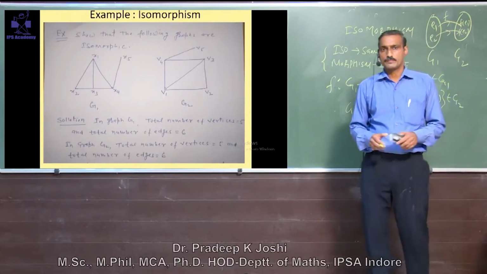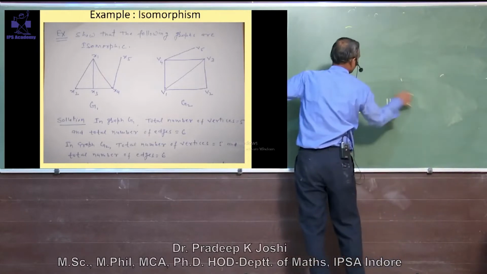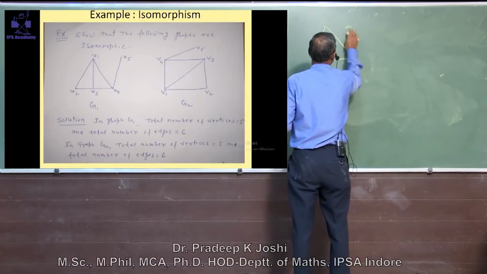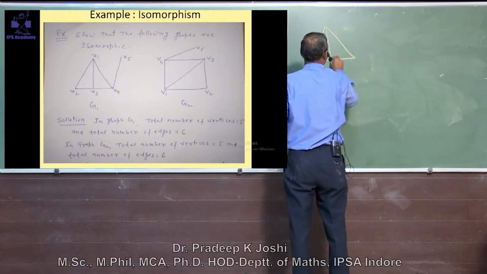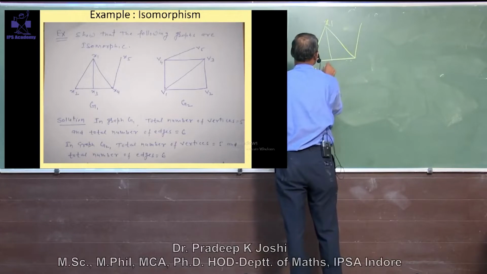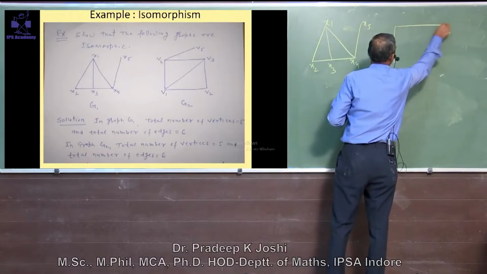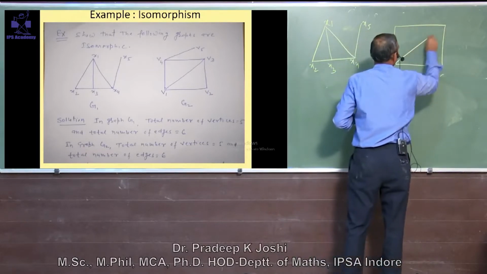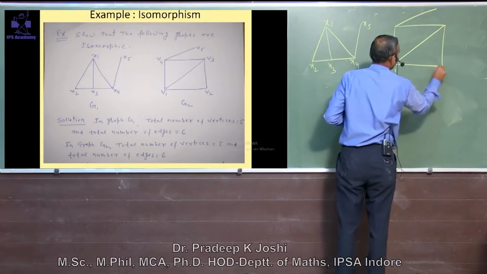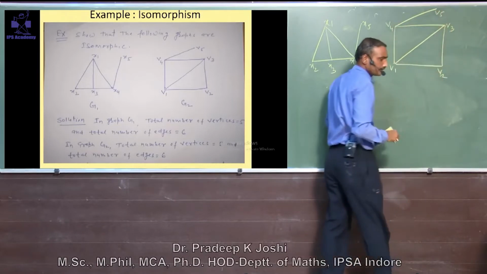Consider this example. The two graphs are given here, and we have to test whether both graphs are isomorphic or not. The graphs are V1, V2, V3, V4 and this is V5.